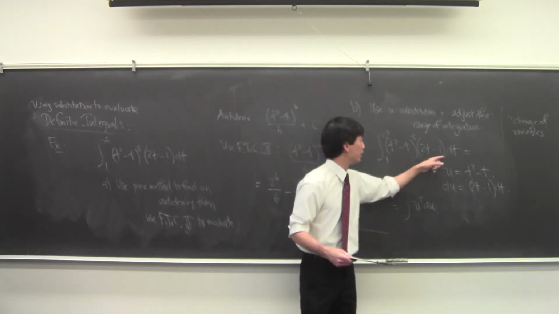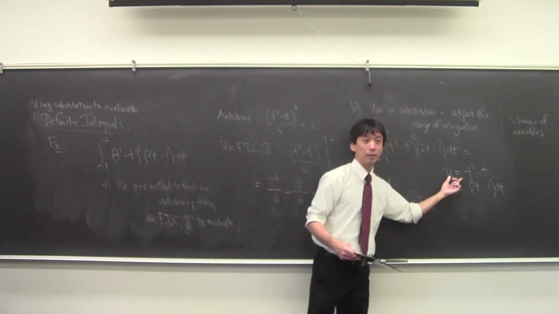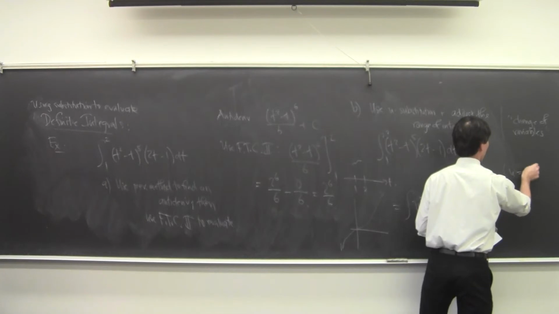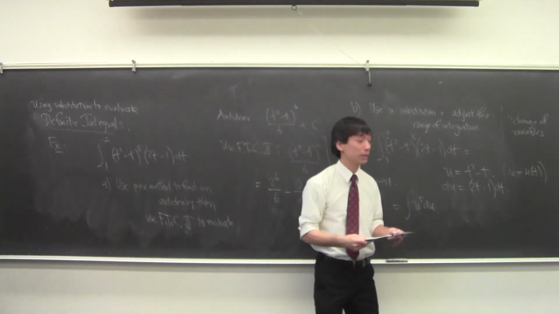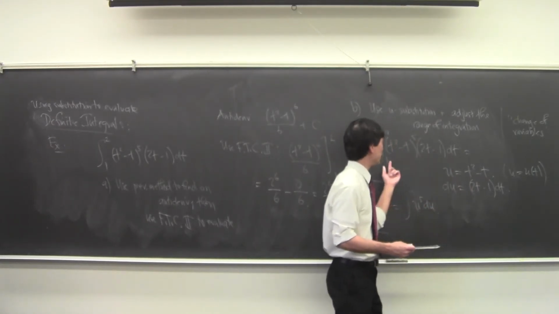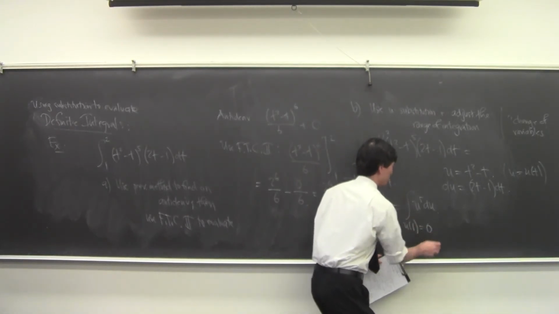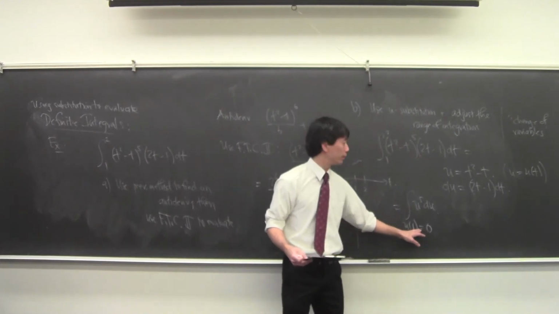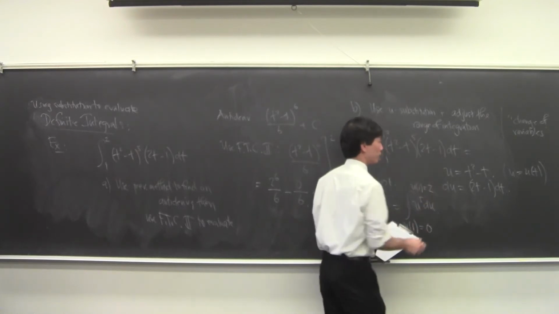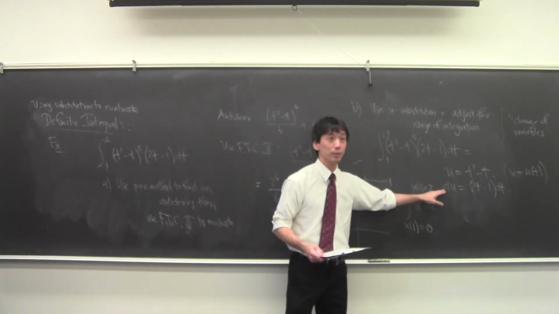The way you do it, you say, well, when t is 1, u is going to be 0. U is really a function of t, secretly. When t is 2, I get 2, because you get 2 squared minus 2, that's 2.